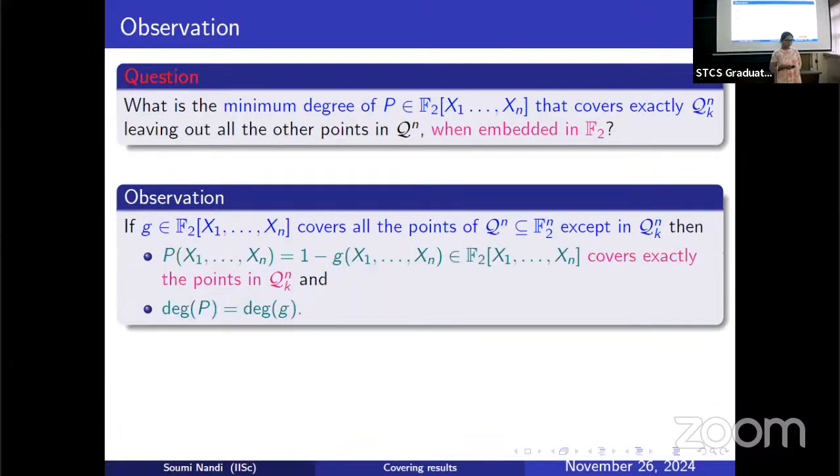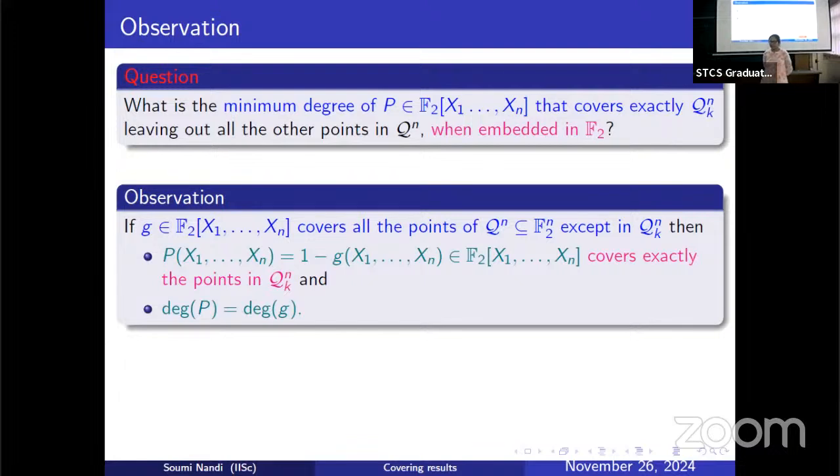Hyperplane sections, the size covered or uncovered, will always be a power of 2, right? If you take a hyperplane, it will cover half the points. You take another hyperplane, it will either cover half the remaining points or nothing at all. So, if you take a system of hyperplanes, the number of zeros will always be a power of 2.